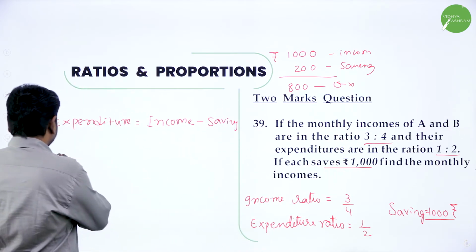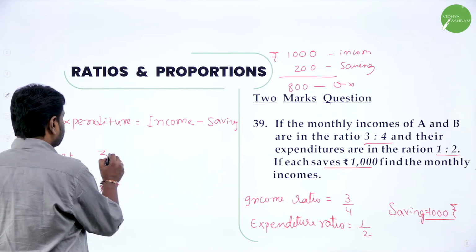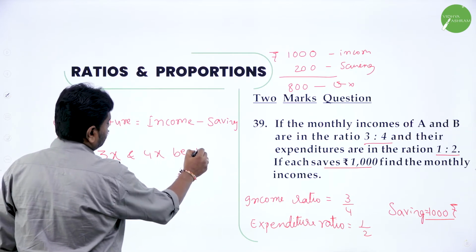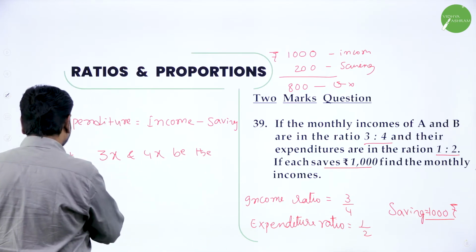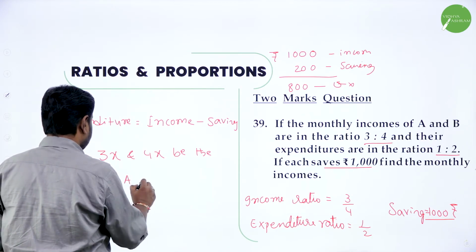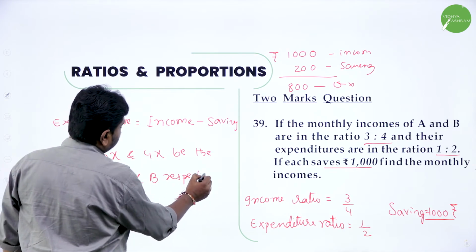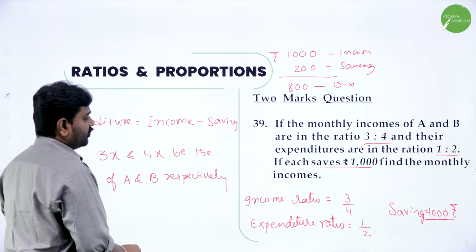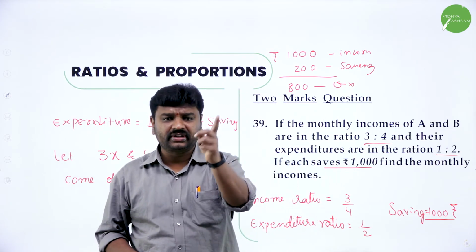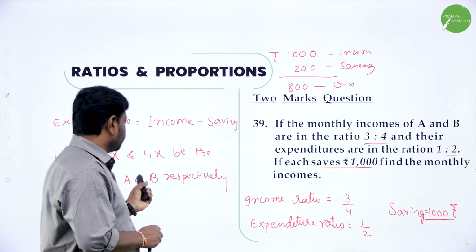So let 3x and 4x be the income of A and B respectively. Why should I take this? Because they give the income ratio of A and B as 3:4. So assume the incomes as 3x and 4x. Whenever they give in ratio, you should take x times. Don't forget, this is the key step.